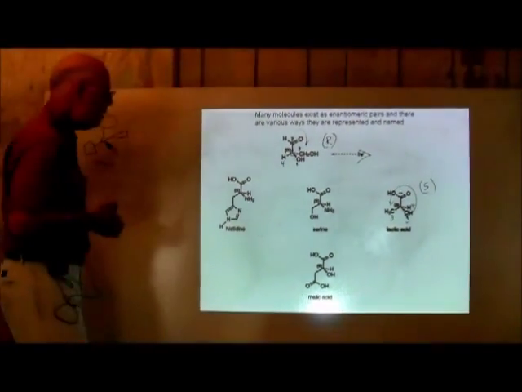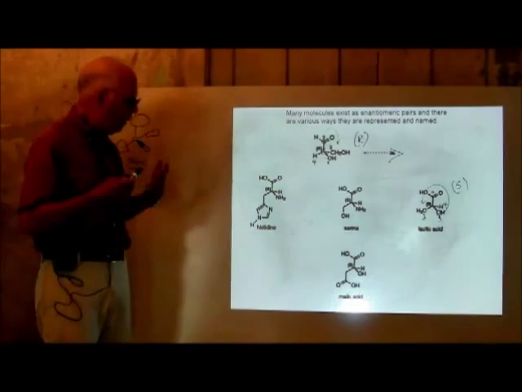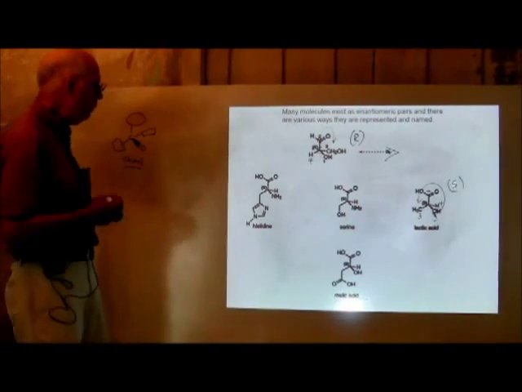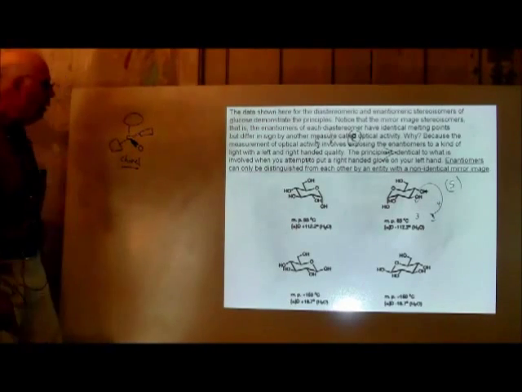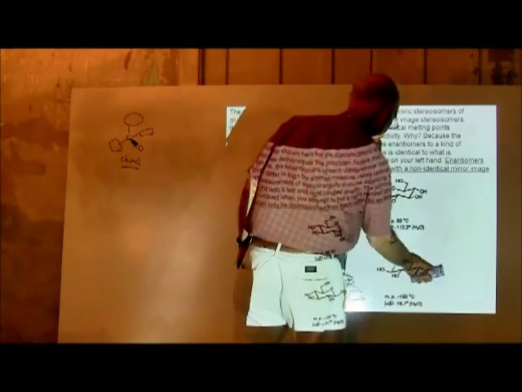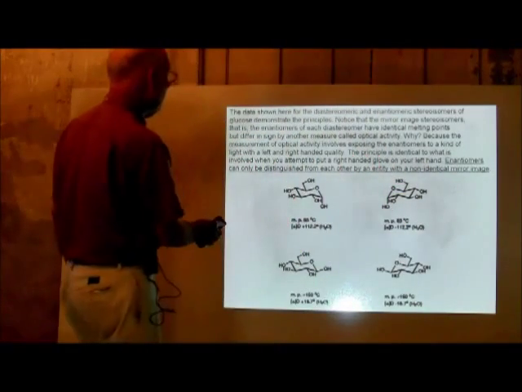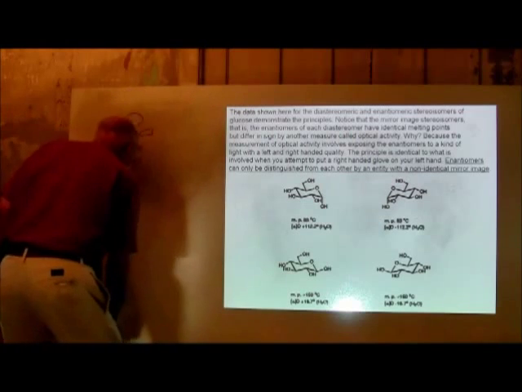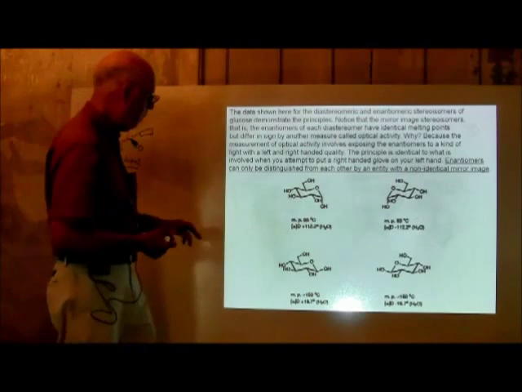Now, there's something I want to say about this, which is talked about in detail in the book. I want to go back for a second. This is something that you may have noticed back in the first PowerPoint.